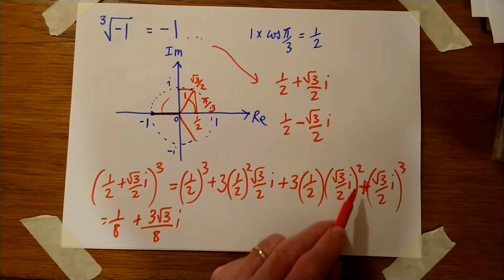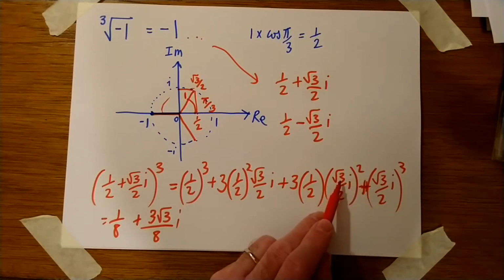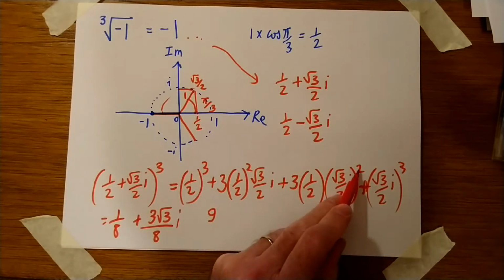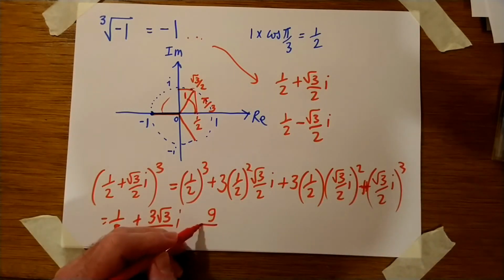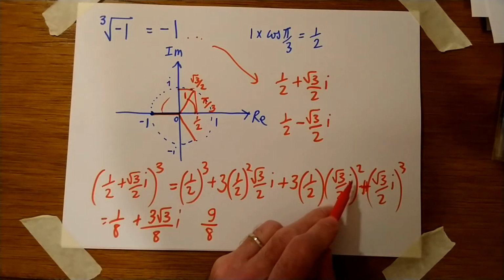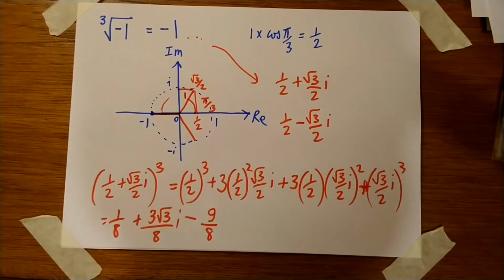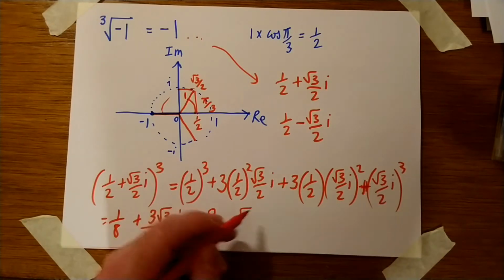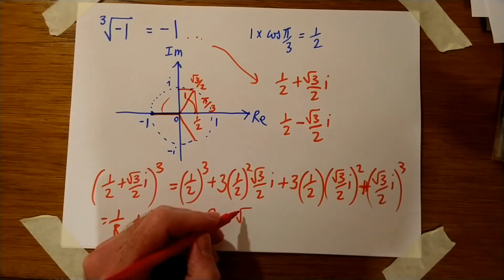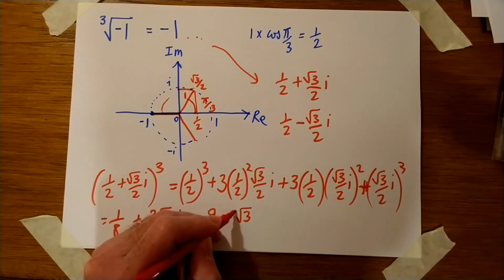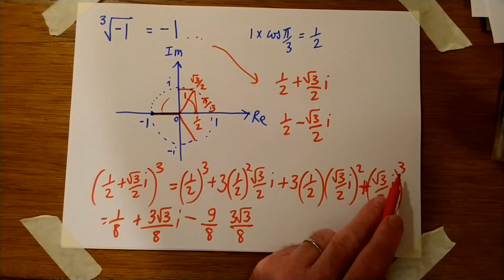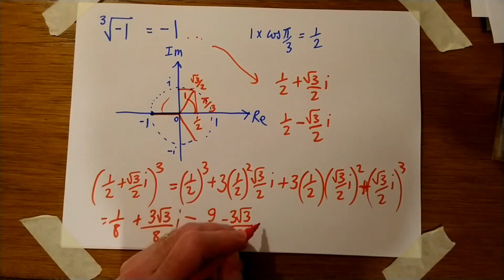And then for this one, I've got √3 squared, well that's 3, times another 3 on top, which is 9. And then I've got 2 times 2 squared on the bottom, which is 8. Then I've got an i squared, so that gives me a negative there. And then for this last one, I have √3 cubed, which is 3√3, over 2 cubed, which is 8, and then i cubed, which is -i.